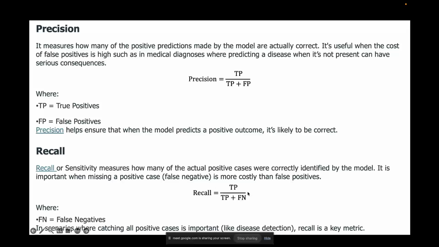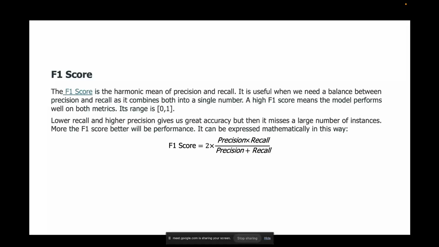For recall, it is the opposite. Is your true positive rate high, and are you also able to identify the false negatives? Are you able to identify the correct negatives as well? That is given by recall. And the F1 score is a derived metric from precision and recall; this is the formula, and it is a harmonic mean of precision and recall.